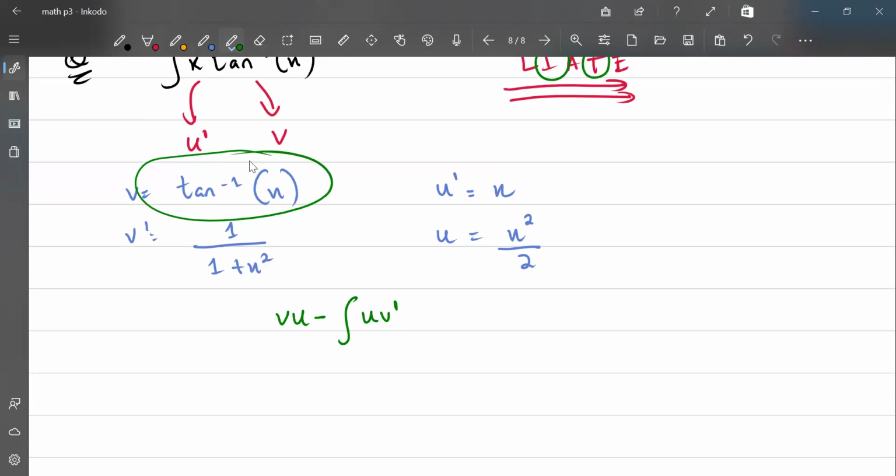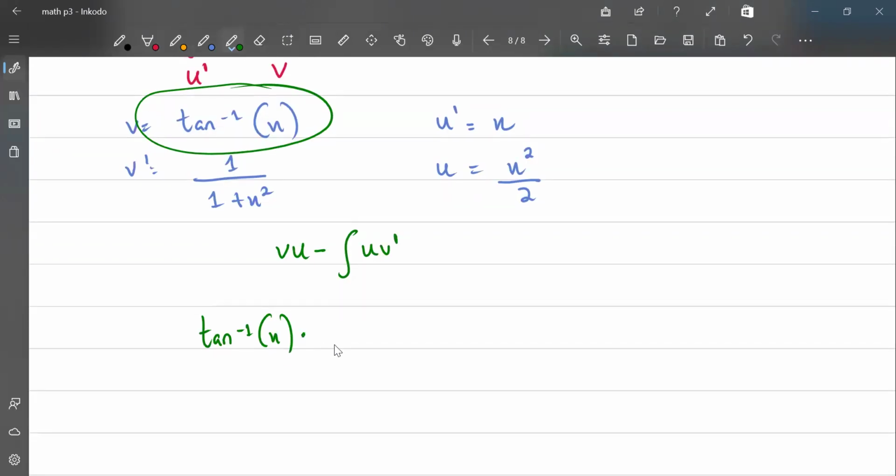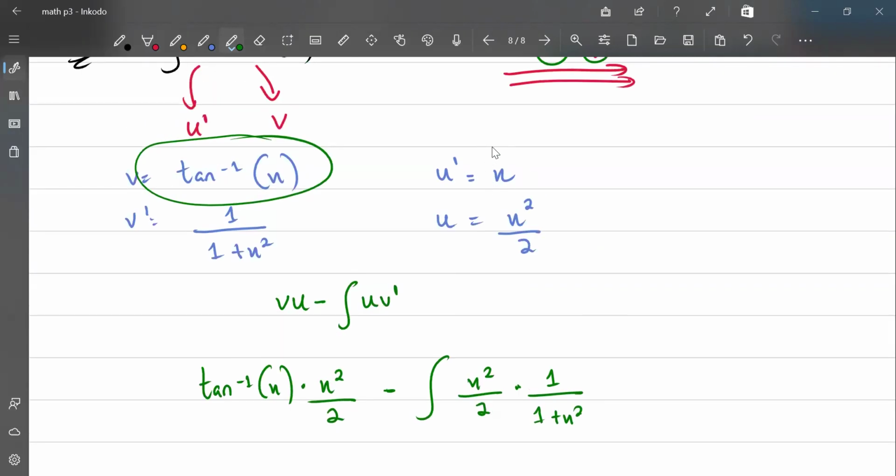So v is tan inverse of x, and u is x square upon 2, minus integral of uv dash. u is x square upon 2, and v dash is 1 upon 1 plus x square. And one side note: u dash will never be applied in this formula. We will only be dealing with v dash and u, if you haven't observed it already.